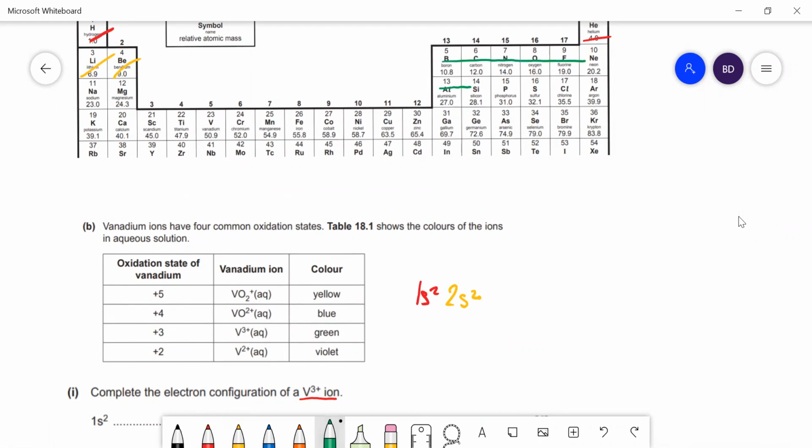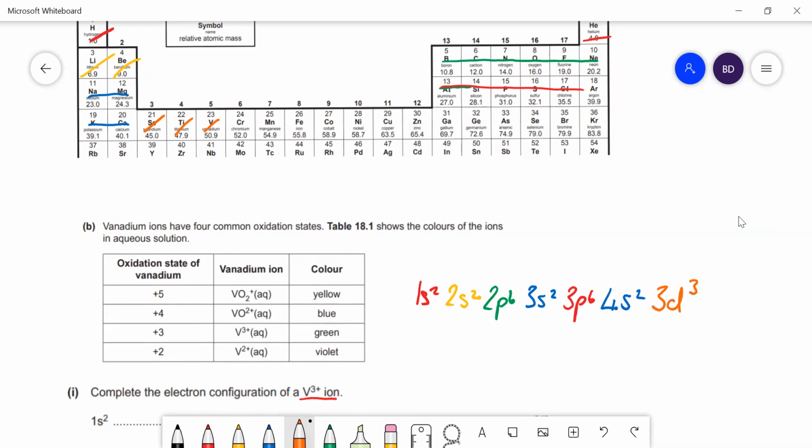Sorry, that's 2p6. 3s is filled up, 3s2. 3p is filled up, 3p6. And now we've got 4s2. So we've got 2 in 4s, and we've got 1, 2, 3 left in 3d.